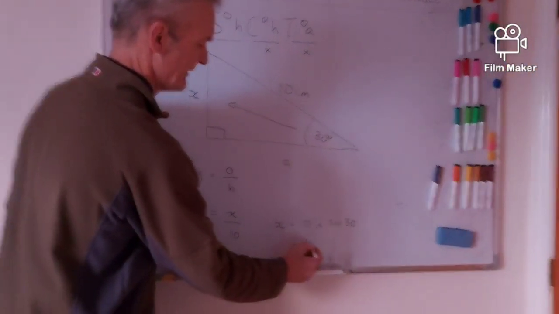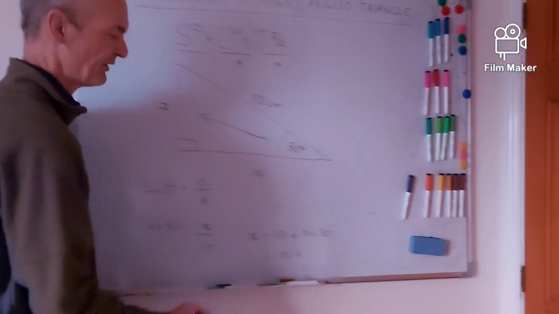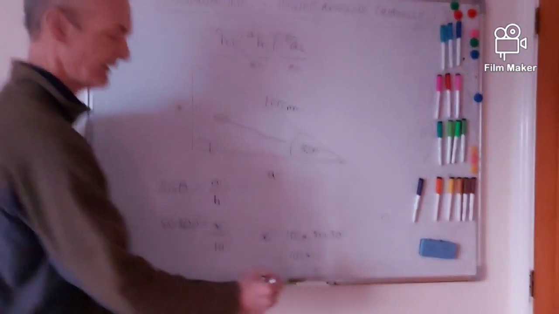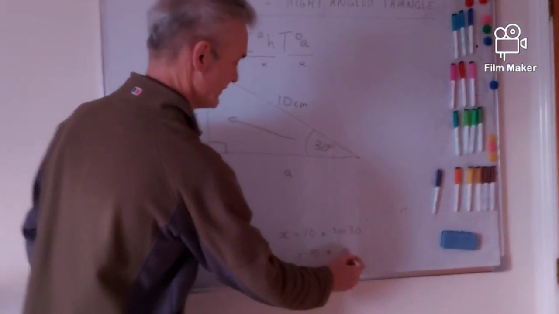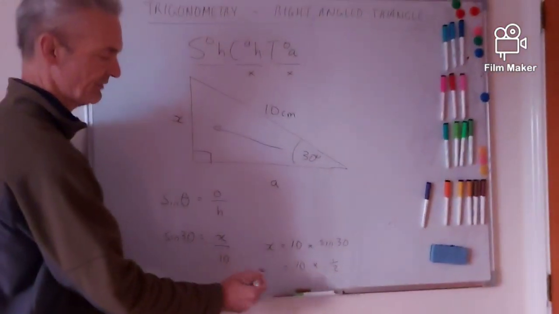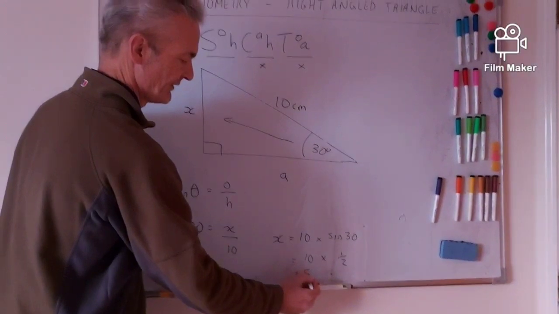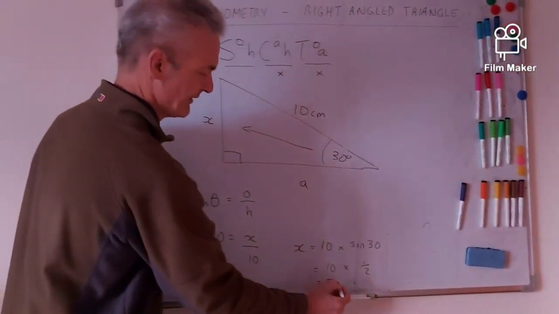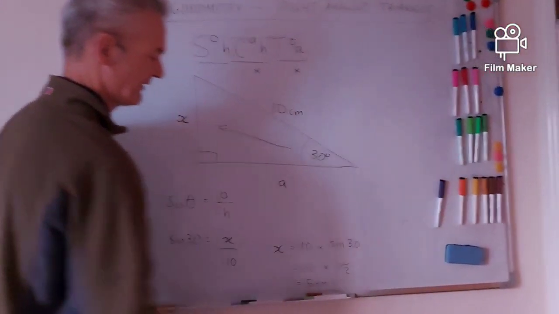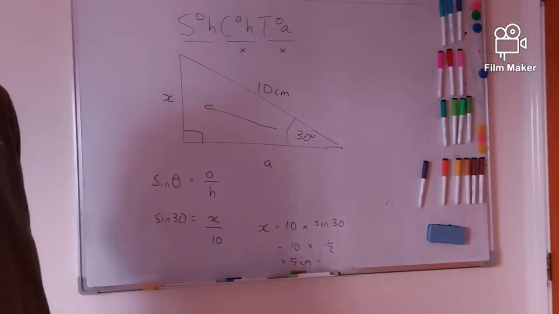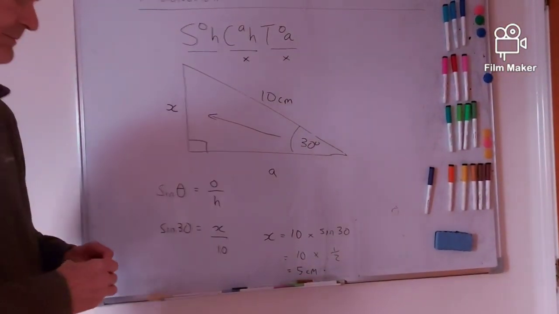So 10 times, now if you put sine 30 in your calculator and press equals, you're going to get a half. So x equals 10 times a half, which equals 5. And we're working in centimetres, so 5 centimetres. So that's how we would solve that problem. Let's have a look at another one.